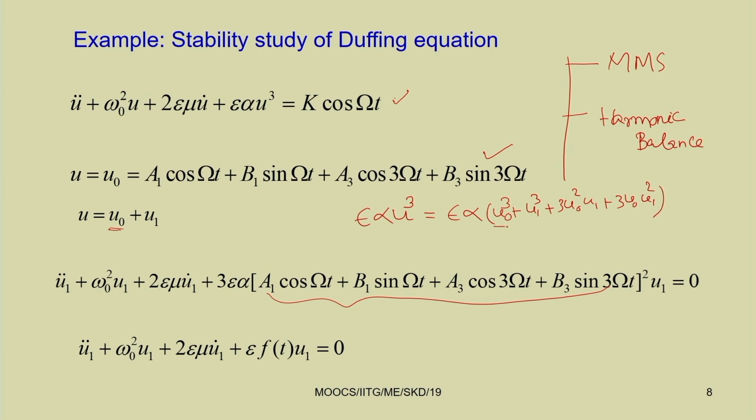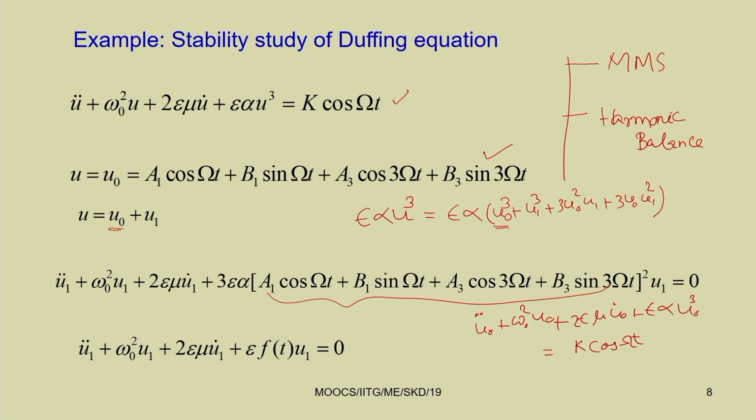The u0 cube term will go when you substitute u equal to u0 in the original equation. If you substitute u equal to u0, your equation becomes u0 double dot plus omega 0 square u0 plus 2 epsilon mu u0 dot plus epsilon alpha u0 cube equal to k cos omega t.